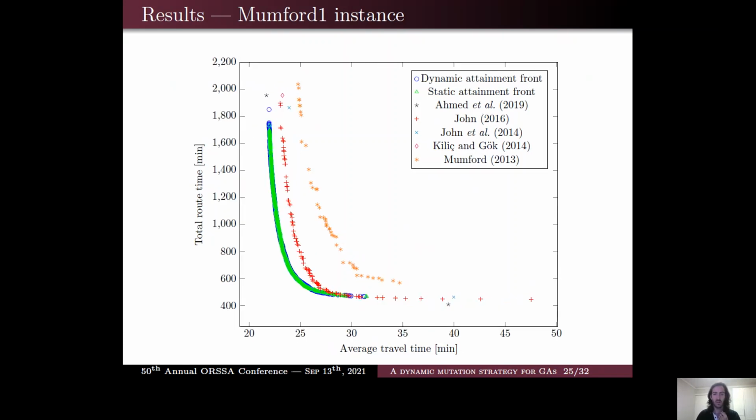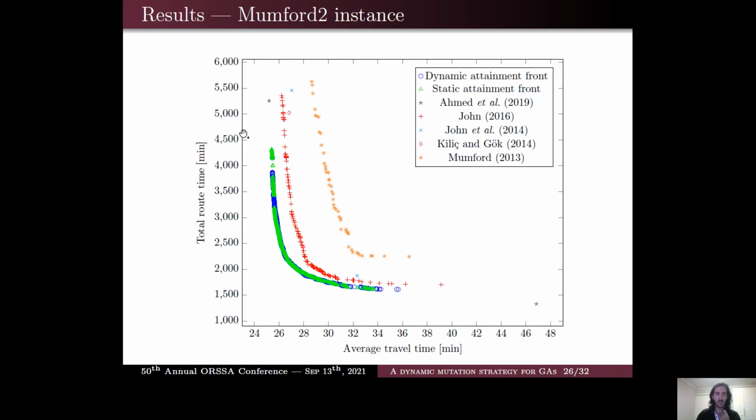For Mumford 1, we see once again two very similar performances by the dynamic and static, with the dynamic also having some more solutions on the one extremal point. And for the Mumford 2 instance, not dominating most of the results in the literature, we see that the quality of the non-dominated set is a bit better here for the dynamic attainment front than the static attainment front.